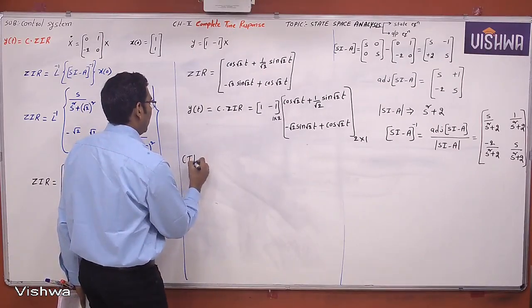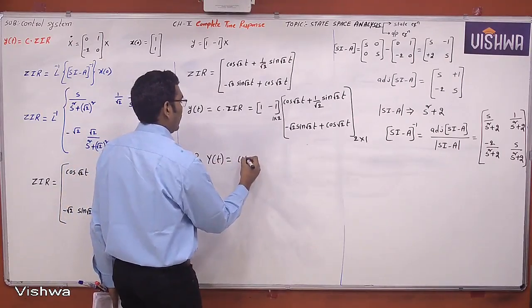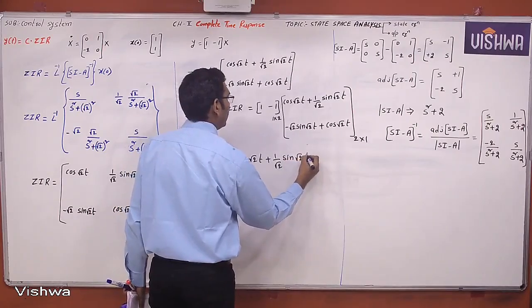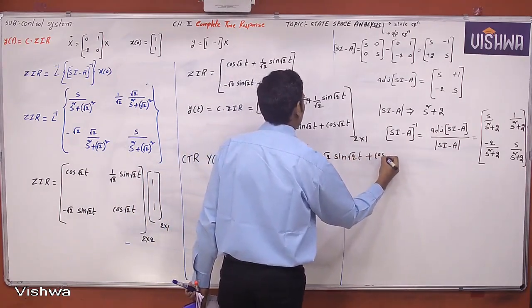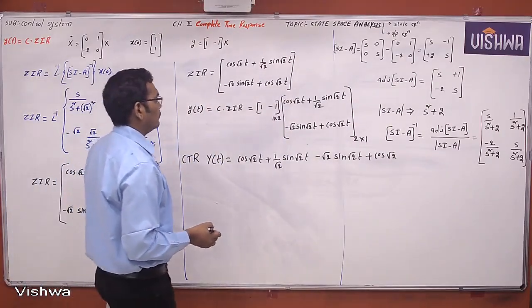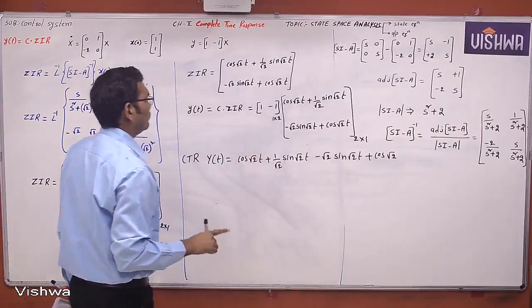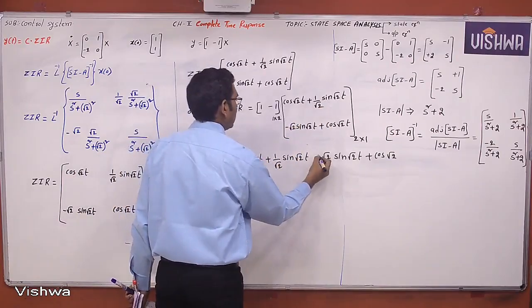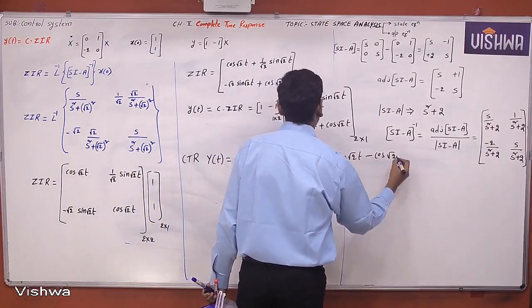Therefore, the complete time response y of t is nothing but cos root 2t plus 1 by root 2 sin root 2t minus root 2 sin root 2t plus cos root 2t.